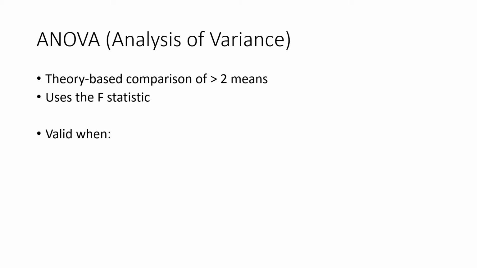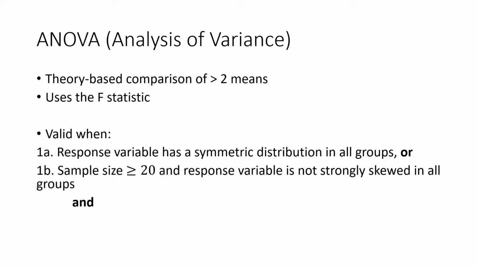The validity conditions for the Anova are in two parts. The first part is the same as what we saw for a two-sample t-test. We either need the response variable to have a symmetric distribution in all of the groups, or we need all of the groups to have a sample size of at least 20 and have the response variable not be strongly skewed.